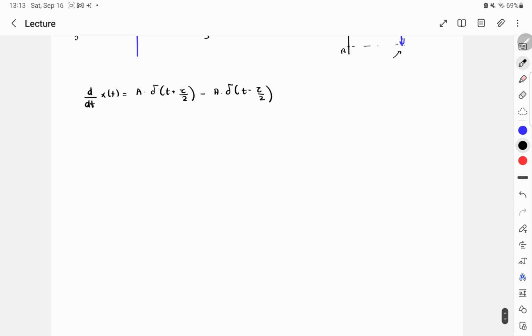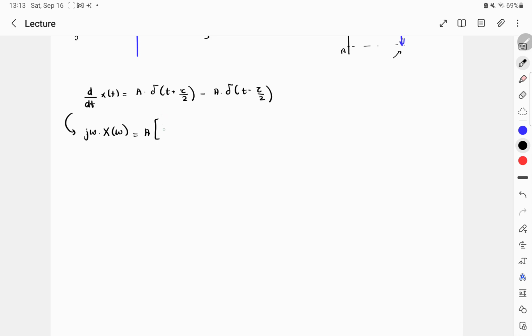As we continue, we compute the Fourier transform of both sides. We get j omega times X of omega equals, we could take the coefficient outside and put the rest in parentheses.